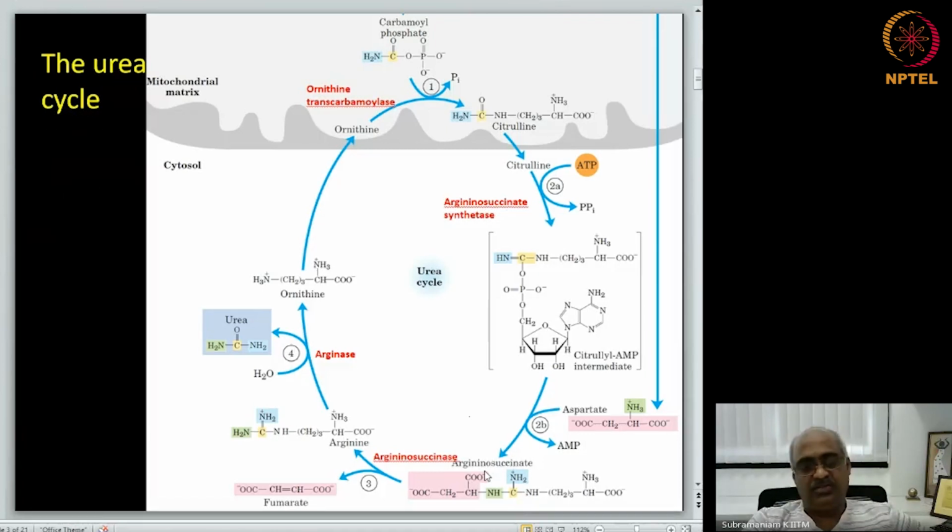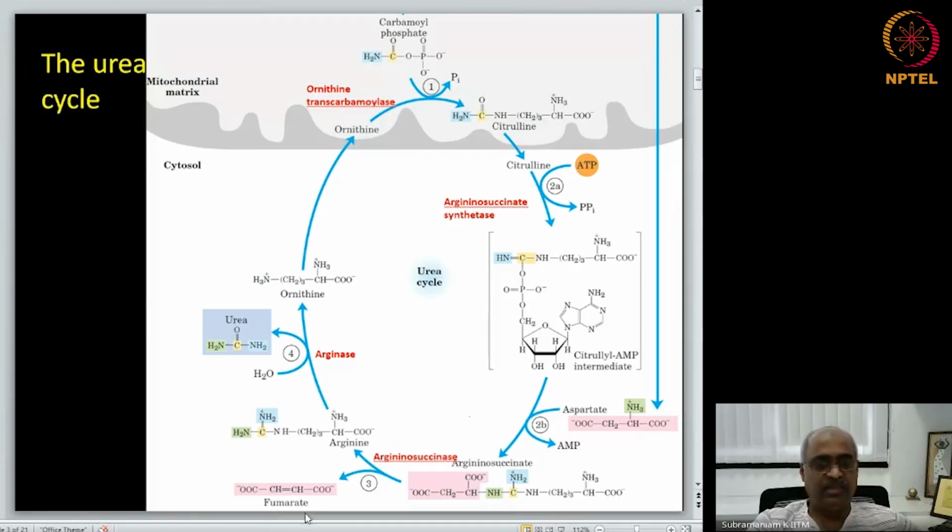From argininosuccinate, so called because this group is a guanidino group, and a guanidino group attached to the alpha carbon with the amino group and carboxylic acid group is the arginine structure. From this, succinic acid is cleaved off by the enzyme argininosuccinase, producing fumarate. If you look at the TCA cycle, there from succinate we form fumarate, then fumarate to malate to oxaloacetate.